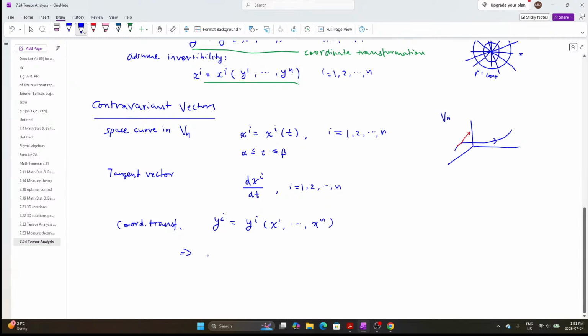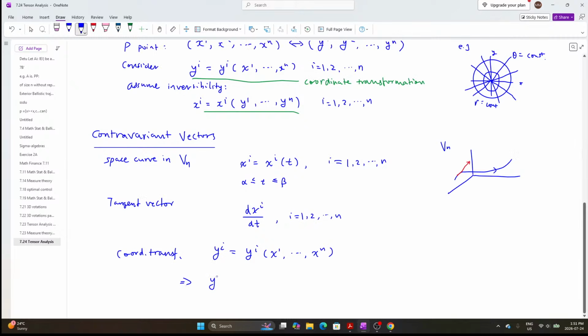So yi as a function of t is just yi of x1 of t all the way to xn of t. Just substitute the space curve into the coordinate transformation, and you get this.